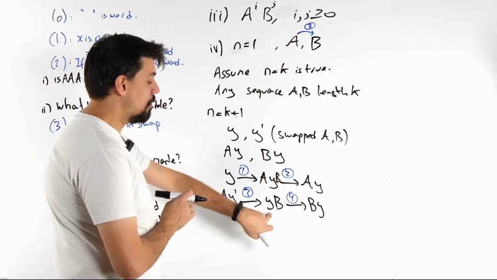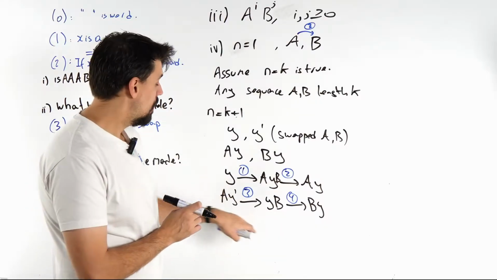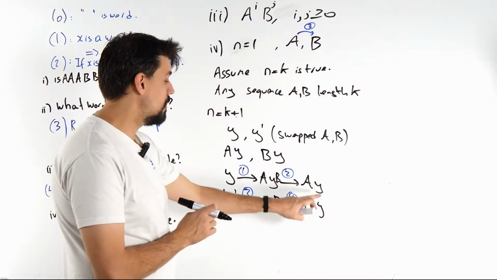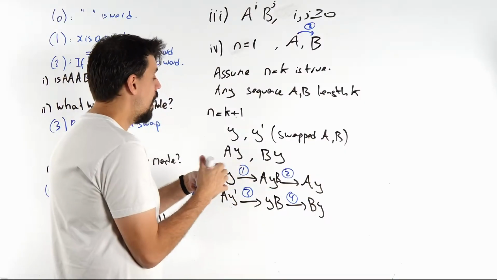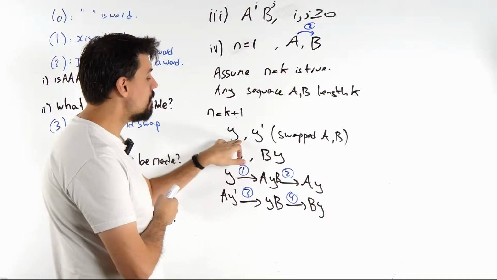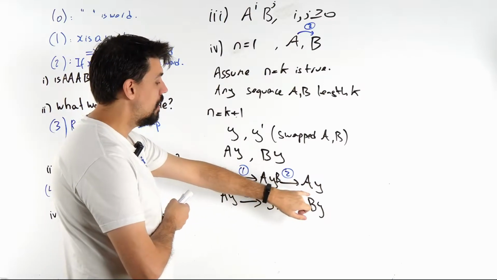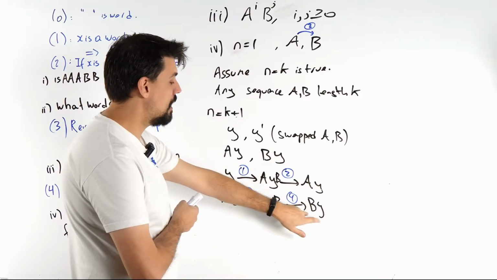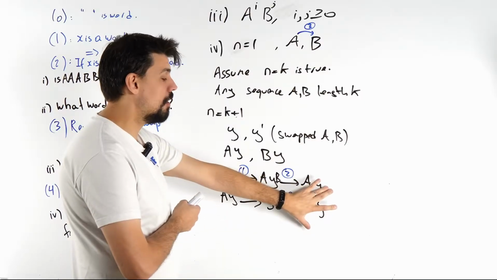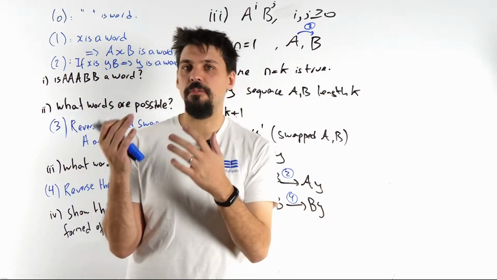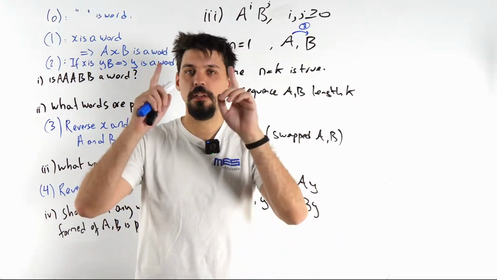Now, Y itself has been reversed twice. So the point is I can make any arbitrary word Y, and using that, I can make a new word that starts with an A and then Y, and B and then Y. So between those two, you've got every single word of length k plus 1 covered.